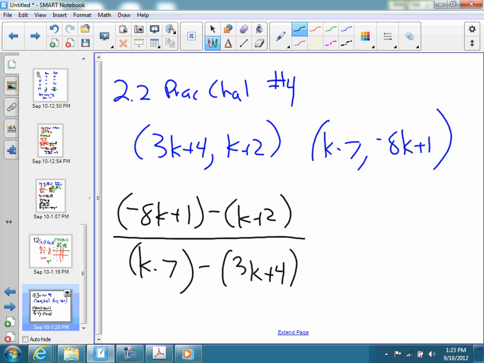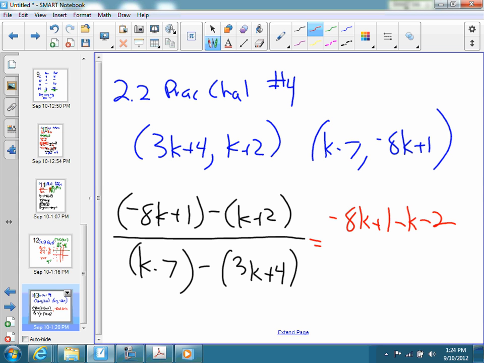Okay, so let's just kind of simplify it out. So I'm going to have negative 8k plus 1. And here's why I like my parentheses, because I know that I have a negative sign, but it's in front of this whole expression. So it has to be minus k minus 2. Right?